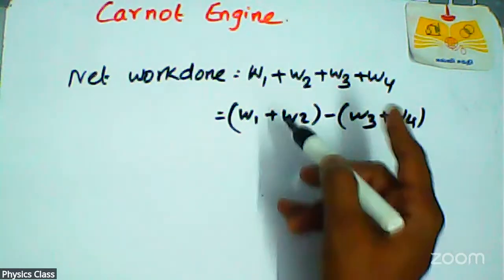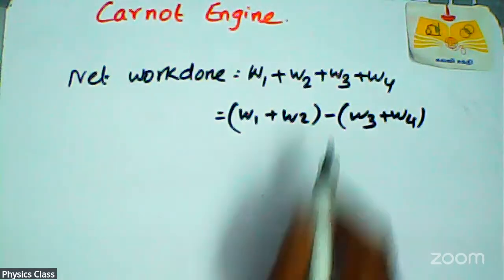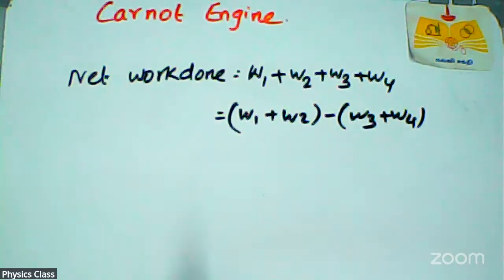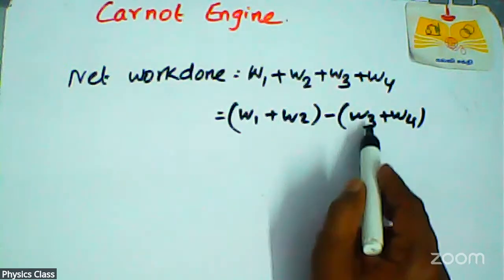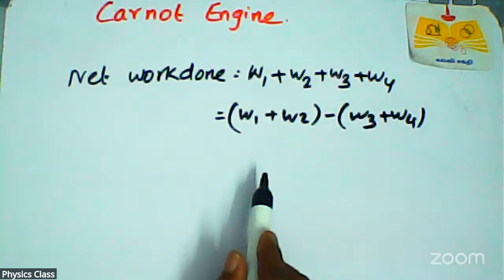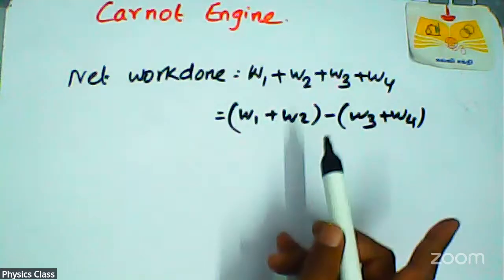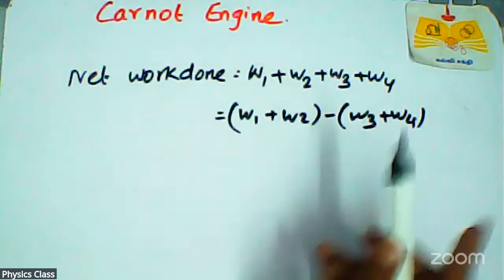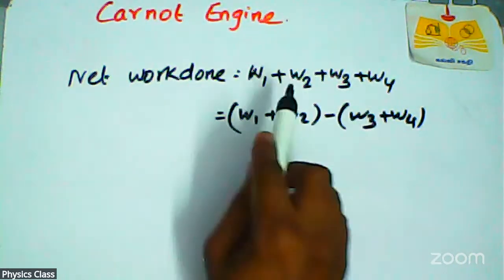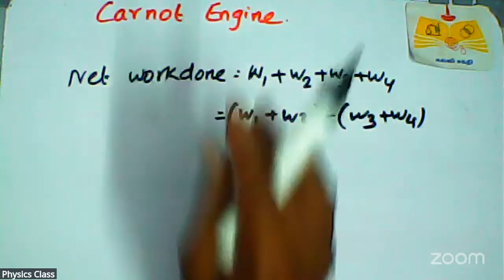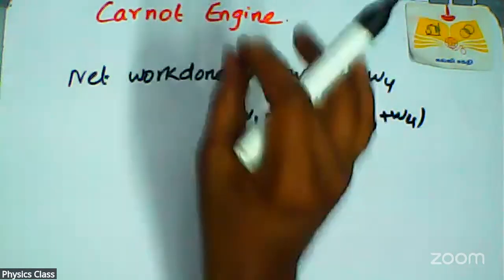You can understand the minus sign because compression is opposite to the first processes: isothermal expansion, isothermal compression, adiabatic expansion, adiabatic compression.